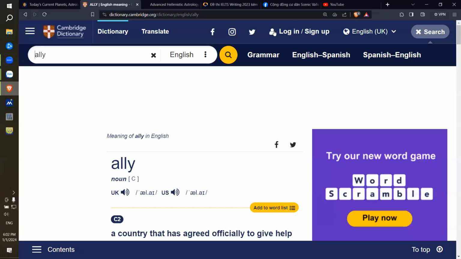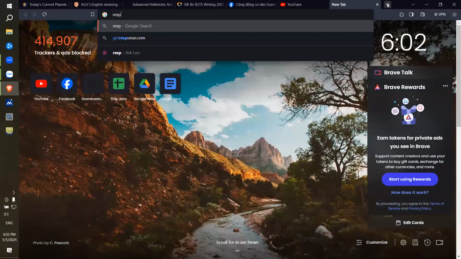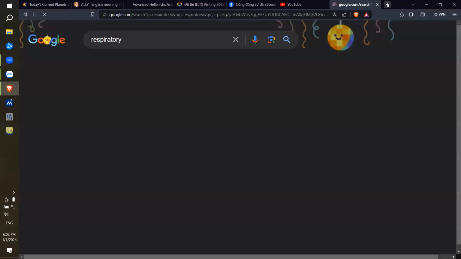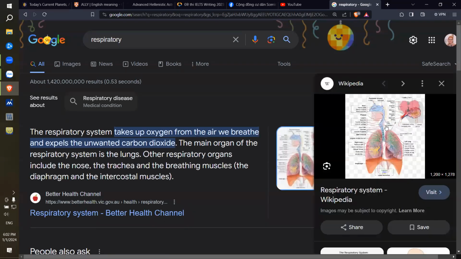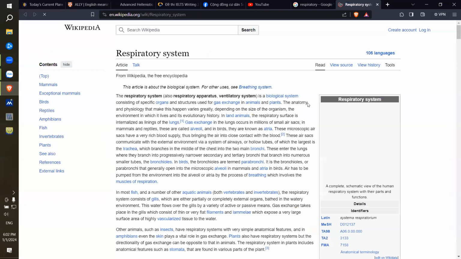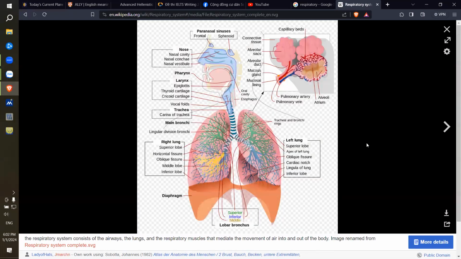Okay, first I'm going to talk about the respiratory system. The respiratory system is a vital system in the body responsible for the exchange of gases between the body and the environment. It includes organs like the nasal cavity, pharynx, larynx, trachea or windpipe, bronchi, and lungs.